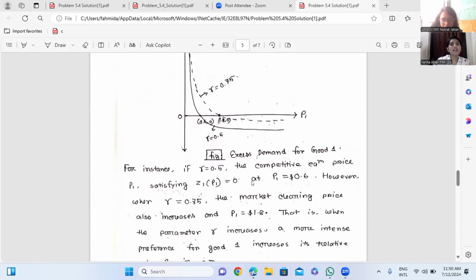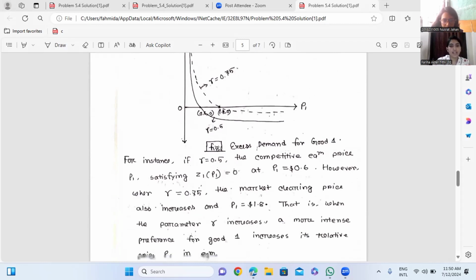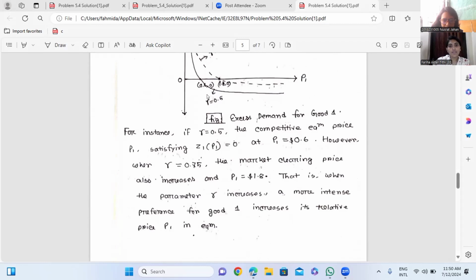That means if the price of good one is 0.6, then the market of good one clears. There is no excess demand. And again, when gamma is 0.75, we are increasing the value of gamma, P1 also increases and the market now clears at 1.8.